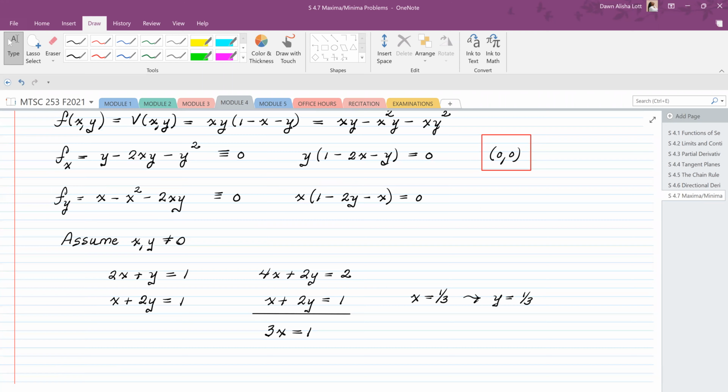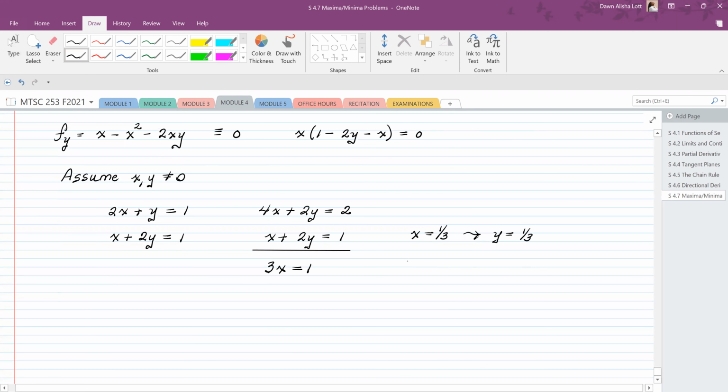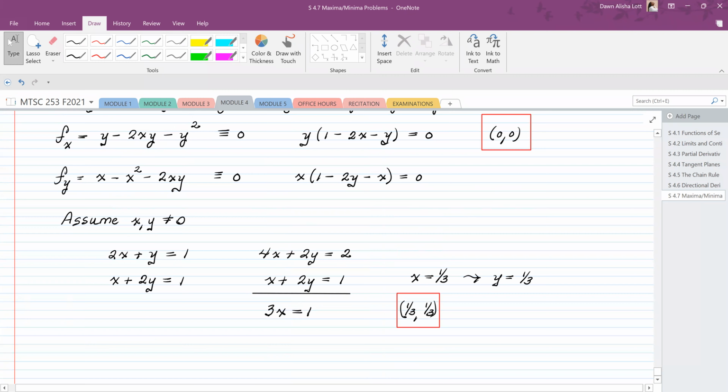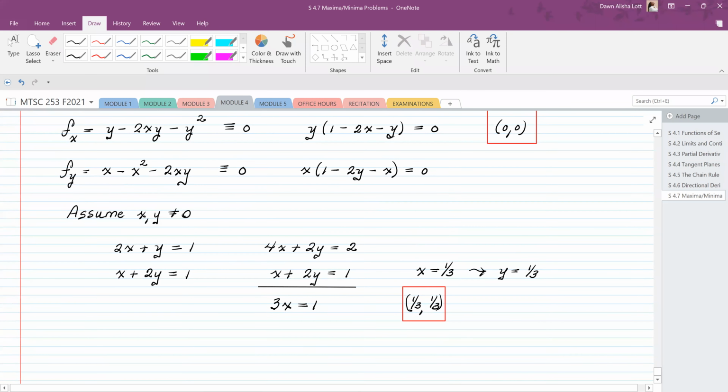So now we have the point (1/3, 1/3). So that was another set of points.